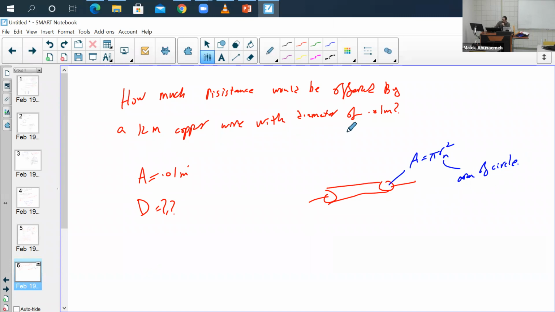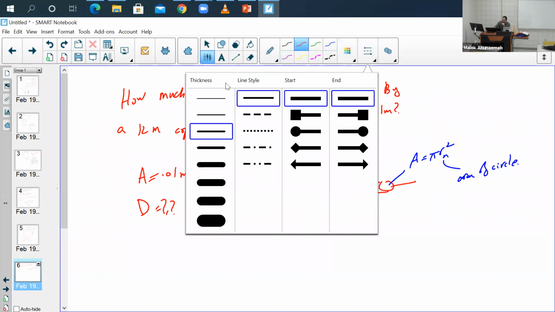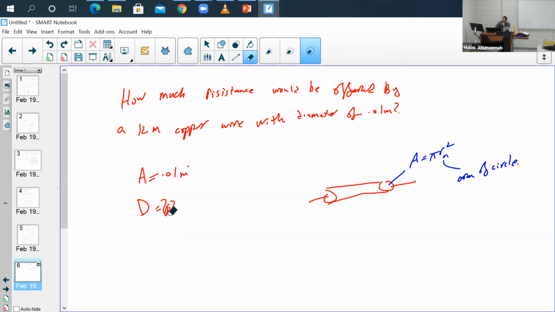Actually, hold up. Diameter, I'm sorry. The diameter was 0.01 meters. And we're trying to find the resistance. So your R is half of that, that's going to be your diameter.